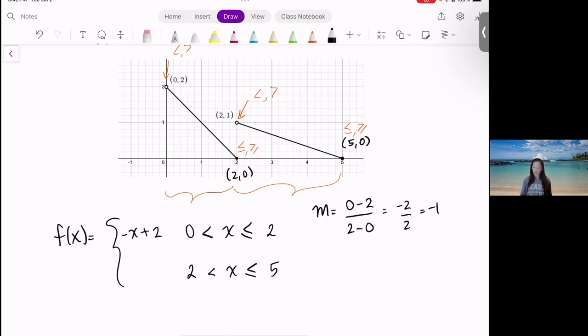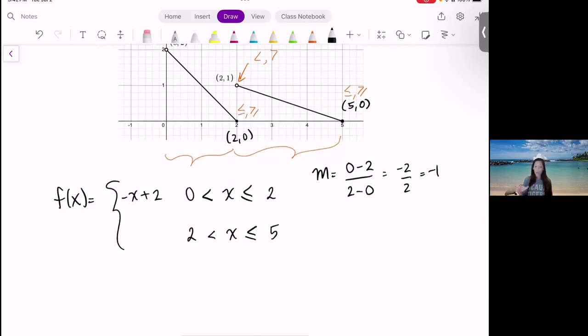For the second equation of the line, I'm going to take the points 2, 1, and 5, 0 and find the slope. I'm going to take 0 minus 1 over 5 minus 2, which gives me -1/3. That's my slope. So I have -1/3 x. And now I need to find the intercept. So I can back it up, but backing it up in my graph is not necessarily going to get me the most accurate answer.